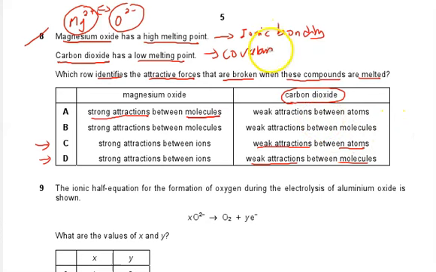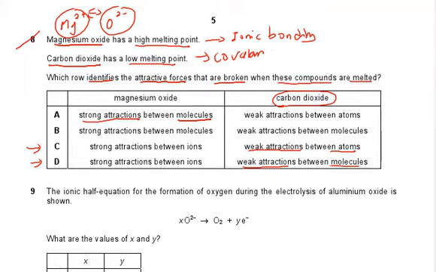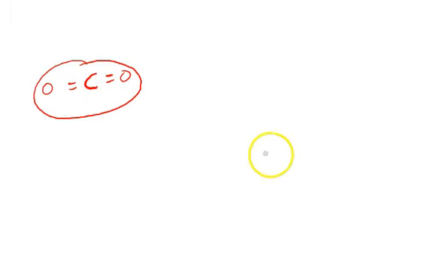For the covalent bonding, you have to understand this. Let me draw it here. Now we have this is one molecule of carbon dioxide and another molecule of carbon dioxide.